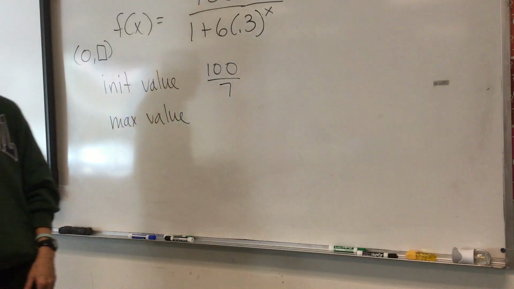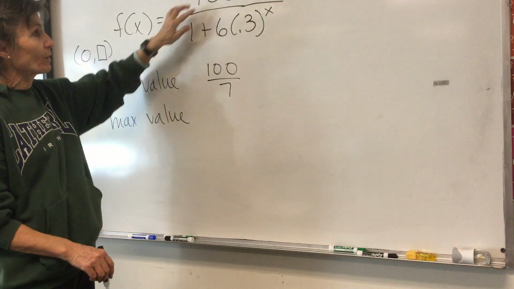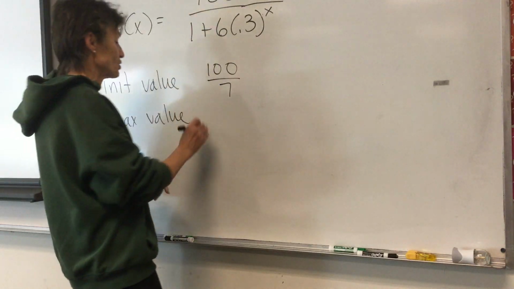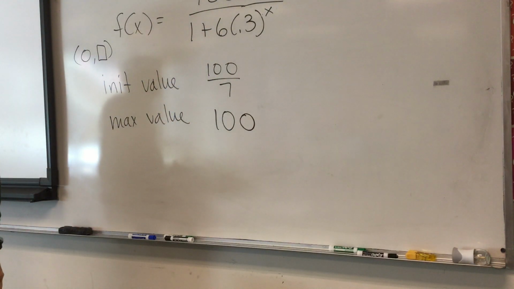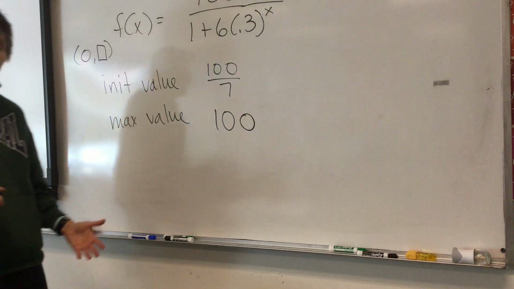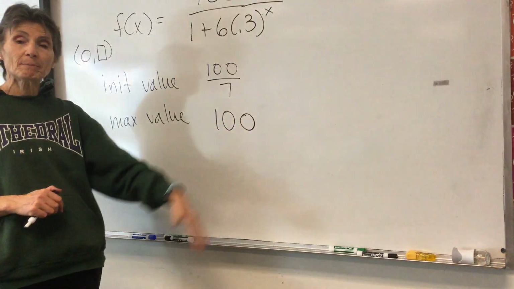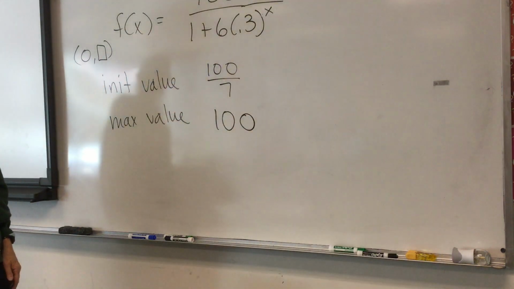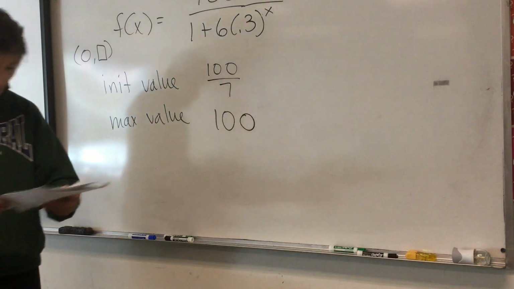The maximum value. Numerator. Yep, as long as that's a 1, it's just the numerator. It's actually this over this, but as long as that's a 1, it's just the numerator. So your maximum value is 100. If this were part of a word problem, like if I knew the context, that would be like 100 people or 100 buffalo or something. But I'll just put 100 because I have no idea what it means.